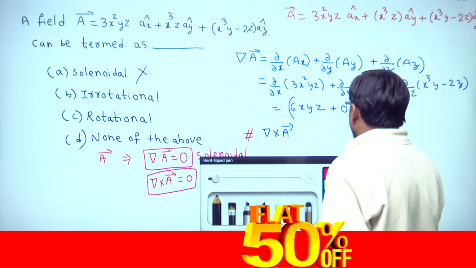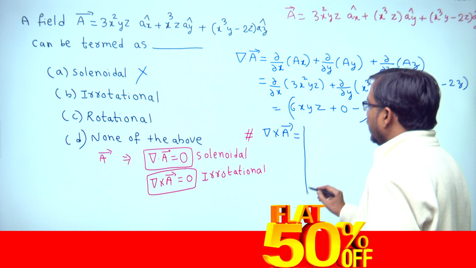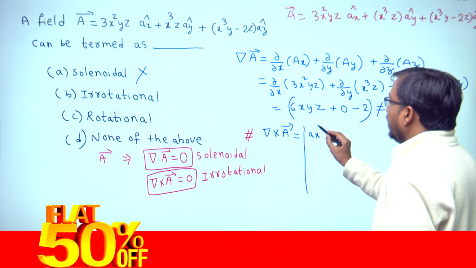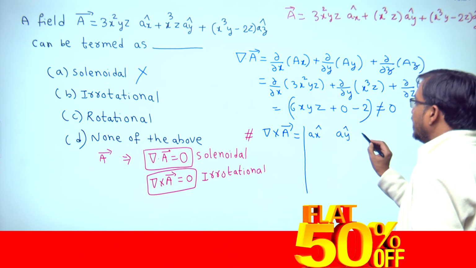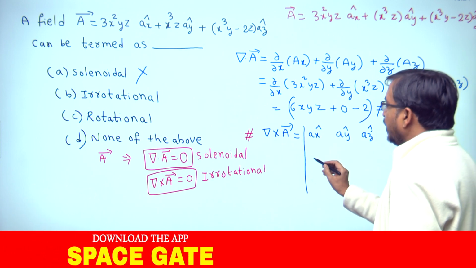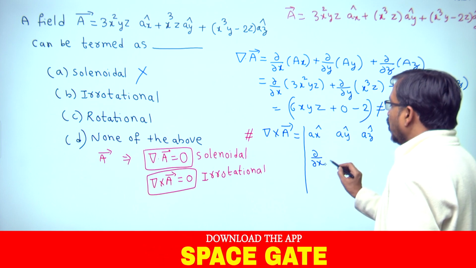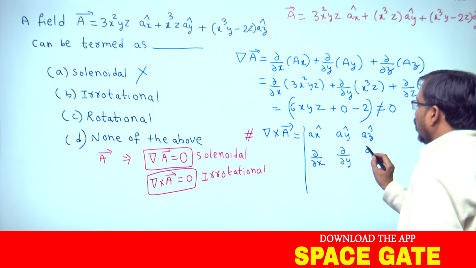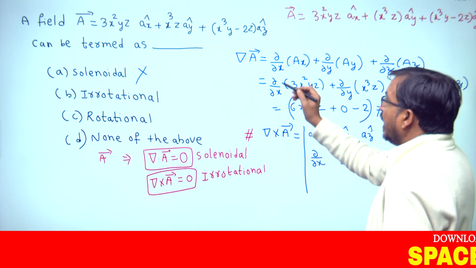What is the curl formula in the rectangular coordinate system? It is a determinant, which we solve in matrix form. First row: unit vectors x cap, y cap, z cap. Second row: del magnitudes along x, ∂/∂x, ∂/∂y and ∂/∂z. Third row: vector A magnitudes.